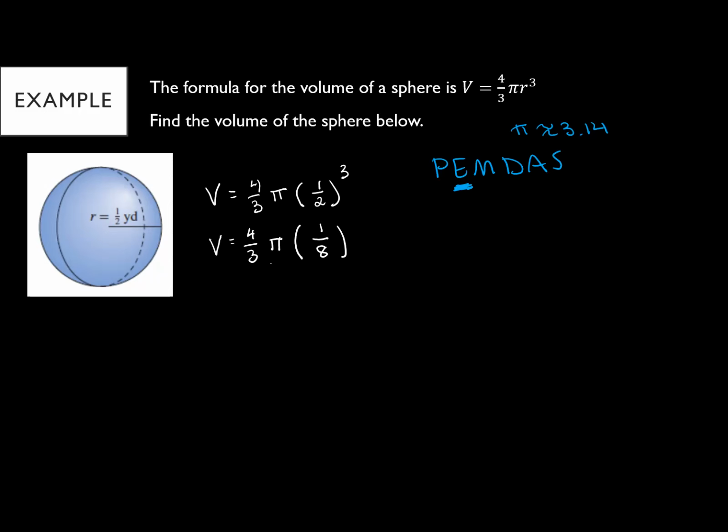On your calculator, there's usually a button for this. If you wanted to do 2 to the 3rd, you would type 2, and then there's a caret button that you can use. That's what my calculator has. That's called a caret, that sideways less than or greater than symbol.